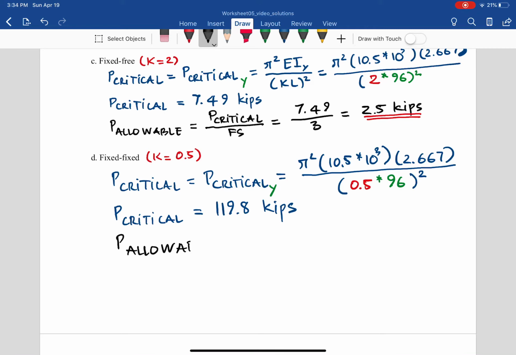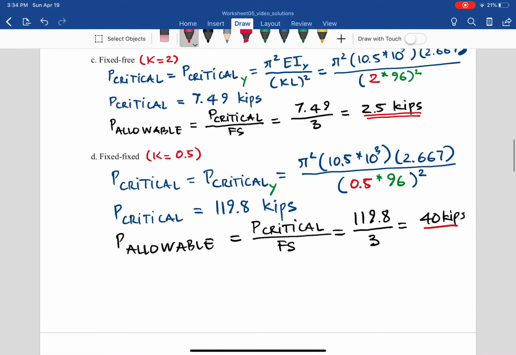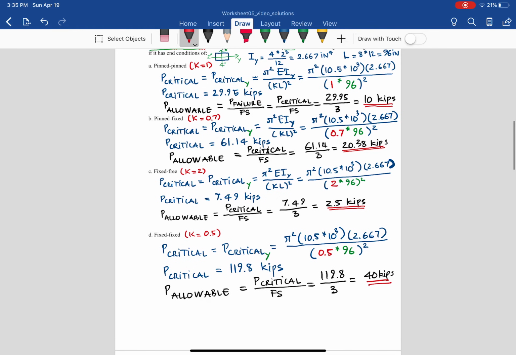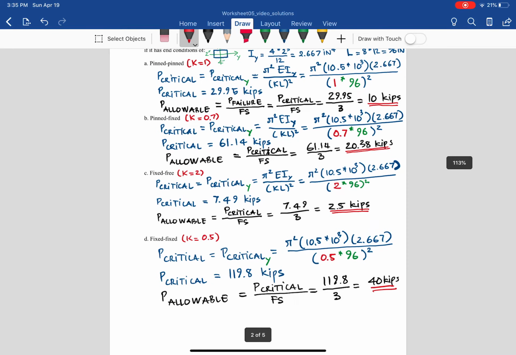P allowable equals P critical over Fs, and that equals 119.8 divided by factor of safety 3 again, it's 40 kips. So you see, the end condition really affects the allowable load very much for the same geometry and same material for the column.